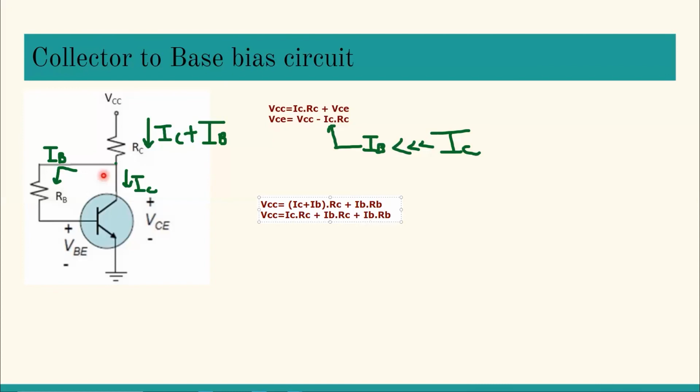Fine. Now I will take ICRC to the other side, so this will become VCC minus ICRC equal to IB RC plus IB into RB. ओके, VCC माइनस ICRC पहले वाले इक्वेशन के हिसाब से क्या होगा?